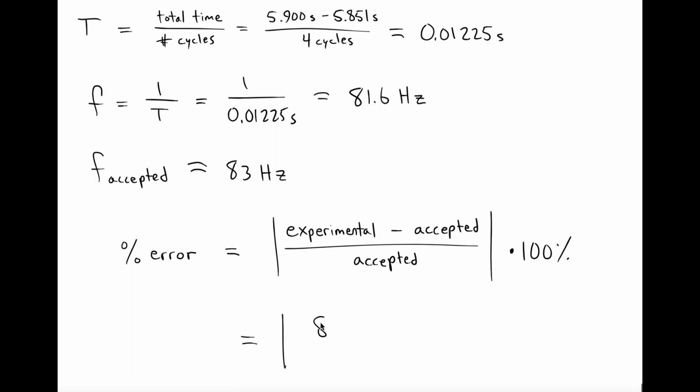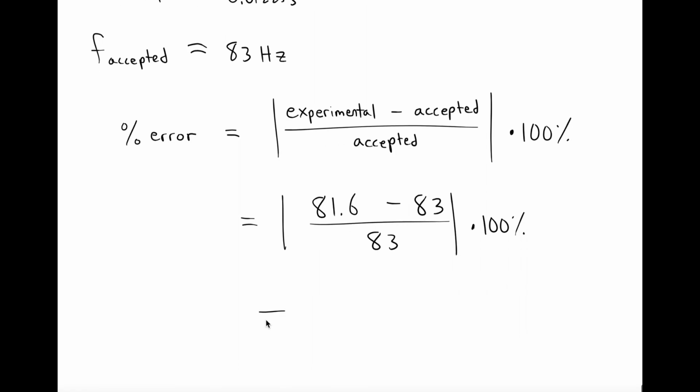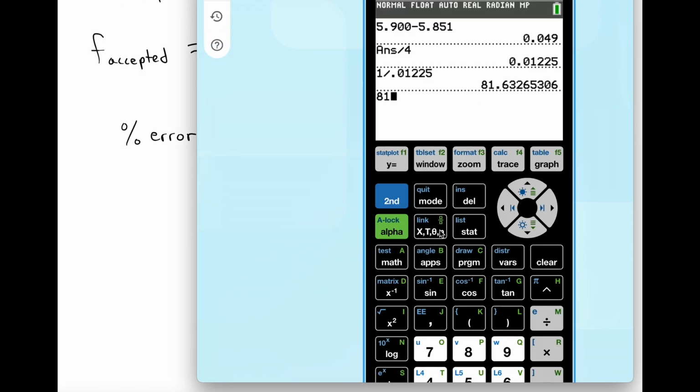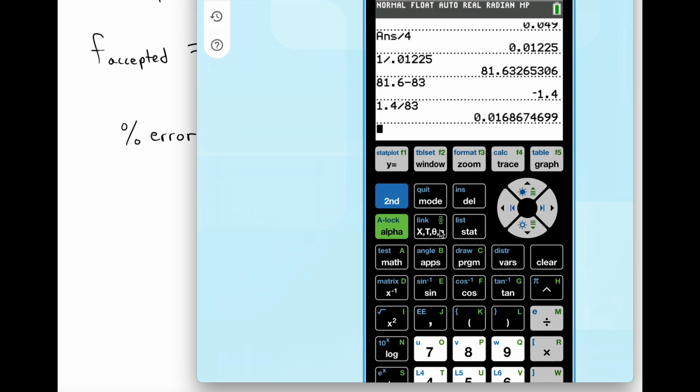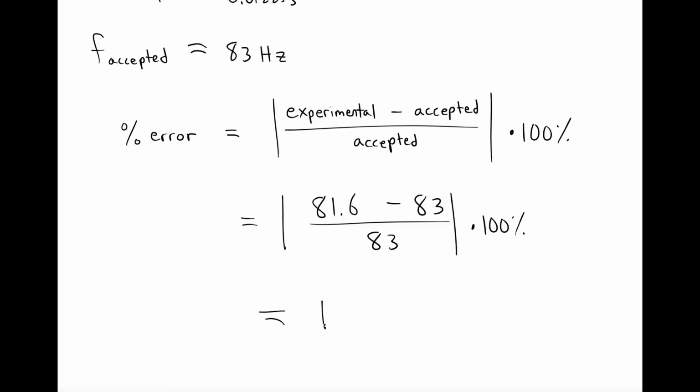So we would have 81.6 minus 83 over 83 times 100. 1.7%. Not bad.